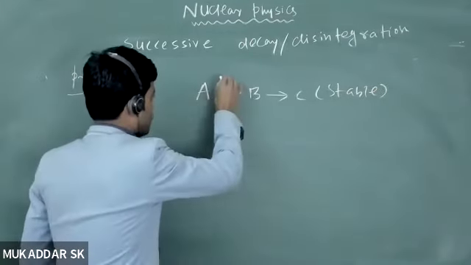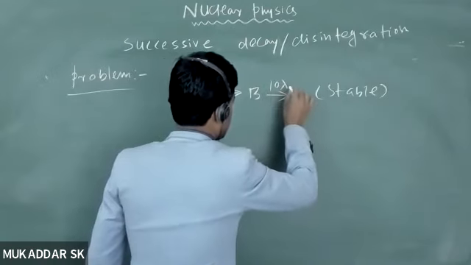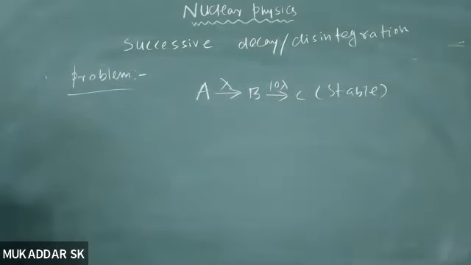The decay constant of A nuclei is lambda, and for B it is 10 lambda.